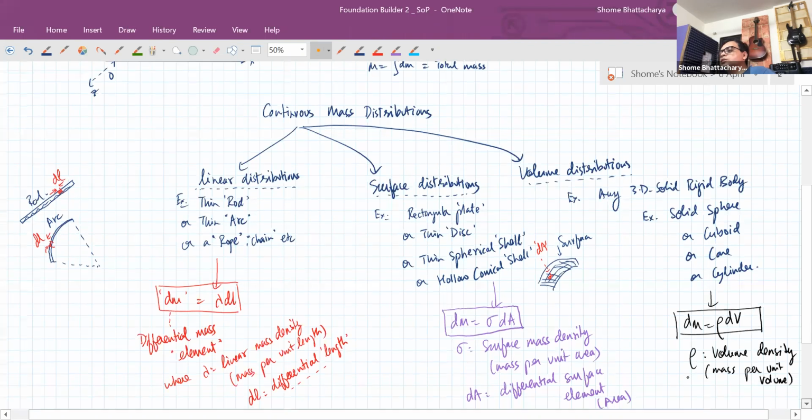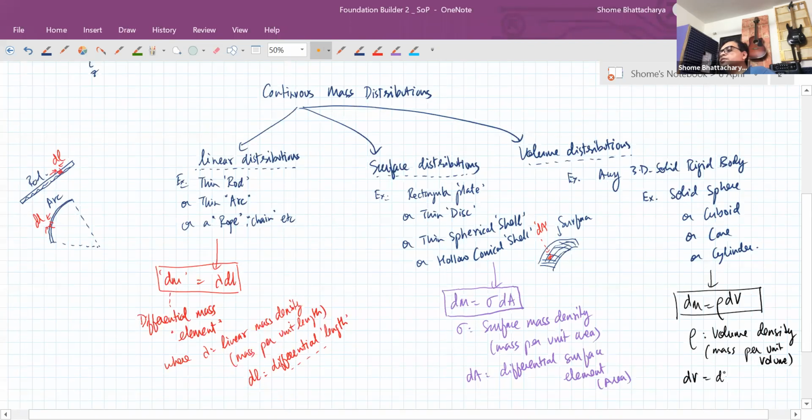But similarly, dV is a differential volume element. So for example, we have some kind of an arbitrary shaped three-dimensional material like this. Okay. So a small section of its volume, that has to become a volume element.